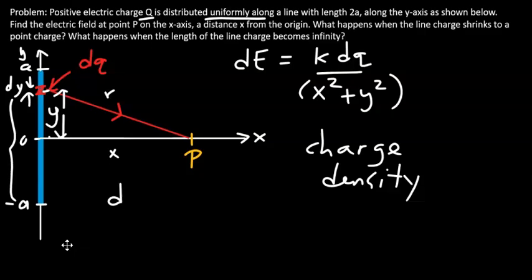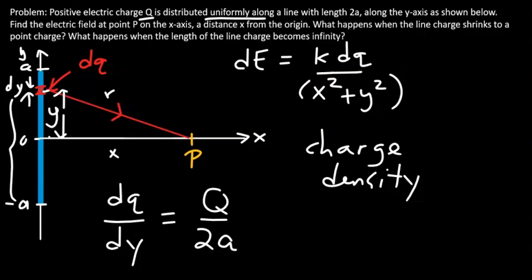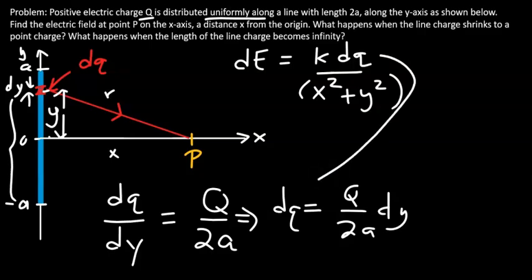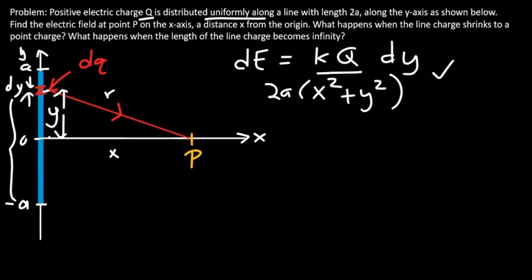Thus, dq, which is the charge contained within the length dy, is in the same proportion as Q, the charge contained within the entire length 2a of the line charge, which indicates dq is just Q over 2a times dy, and this can be put in there, and we get this expression.